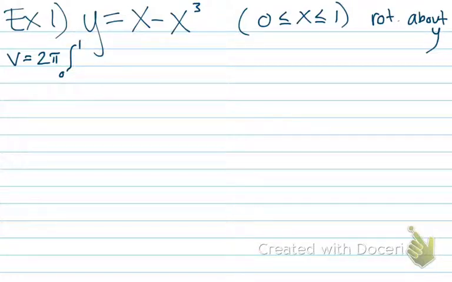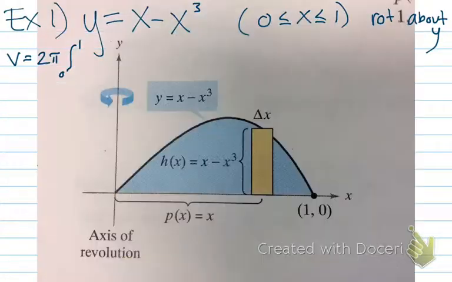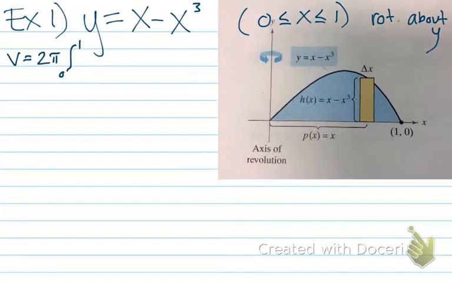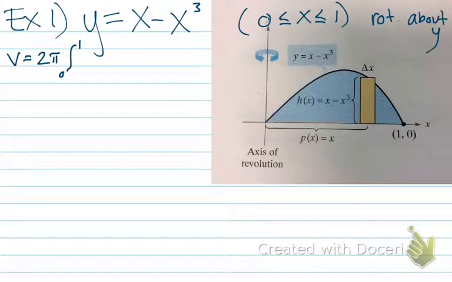This is on page 428 in your book. So looking at that picture from your book on page 428, you can see that the p of x is this piece here. So it's the distance from the y-axis to the middle of that rectangle, which is honestly just whatever x value you're choosing. So you'll notice that it actually just says p of x equals x.